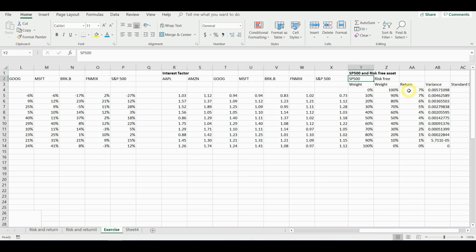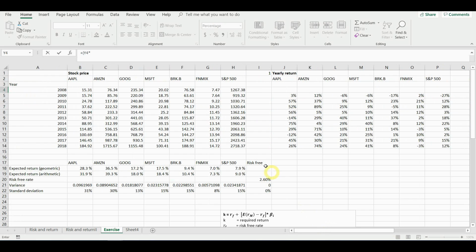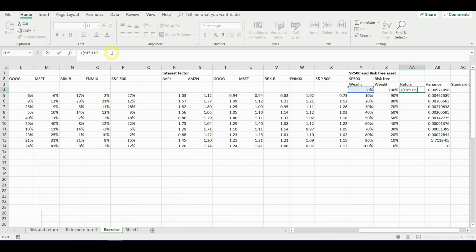Change the formula. Weight of the S&P 500, multiplied by the arithmetic return of the S&P 500, plus weight of the risk-free asset, multiplied by its return.